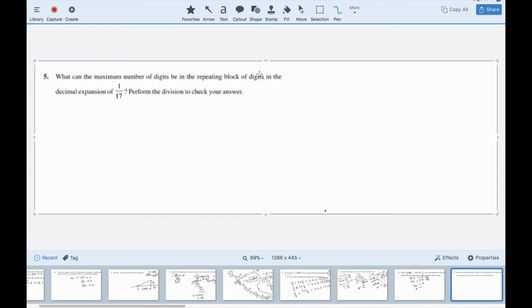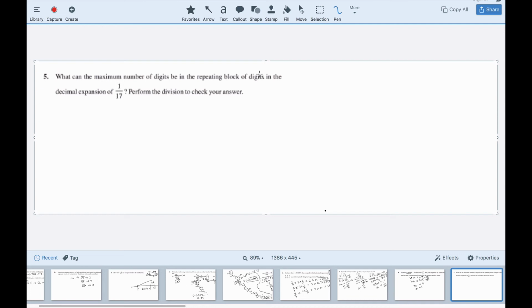Now the next question. What can be the maximum number of digits in the repeating block of digits in the decimal expansion of 1 by 17? So basically it's asking you how many decimal places will 1 upon 17 give when you divide it.